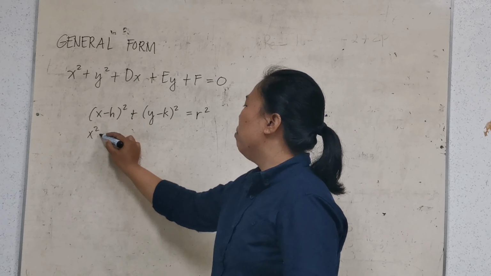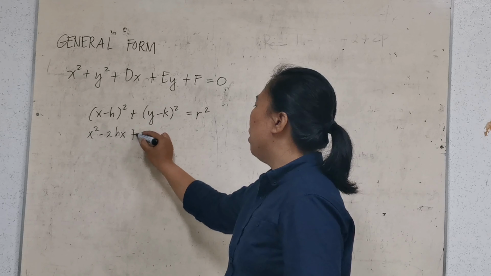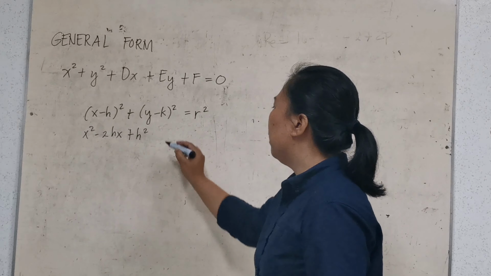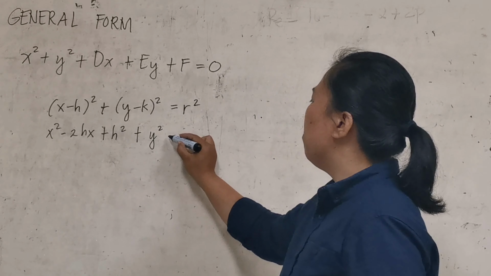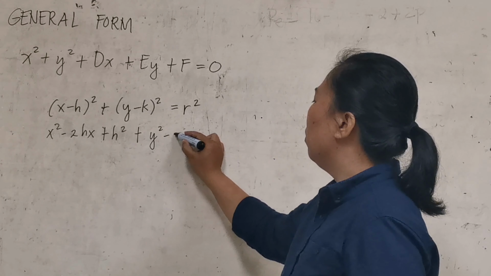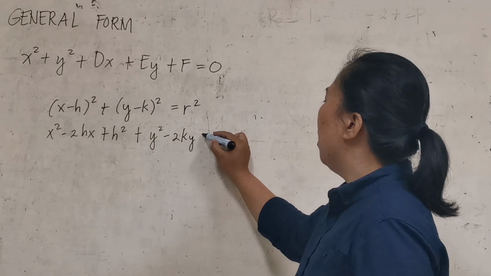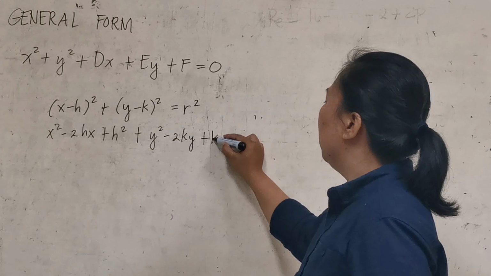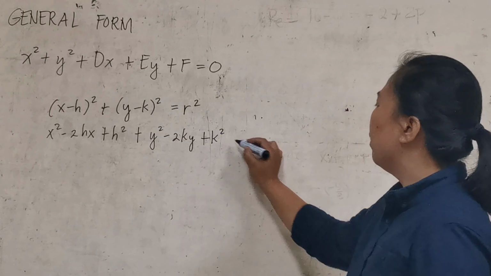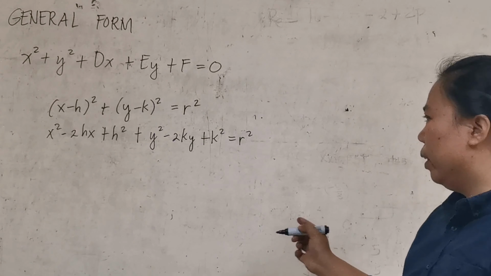x squared minus 2hx plus h squared plus y squared minus 2ky plus k squared is equal to r squared.